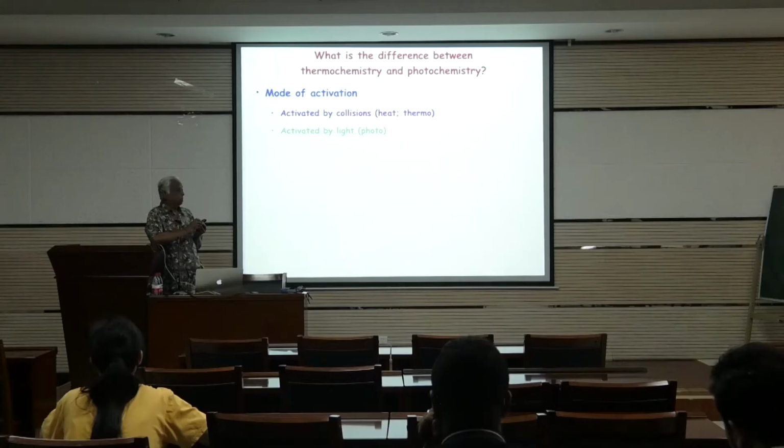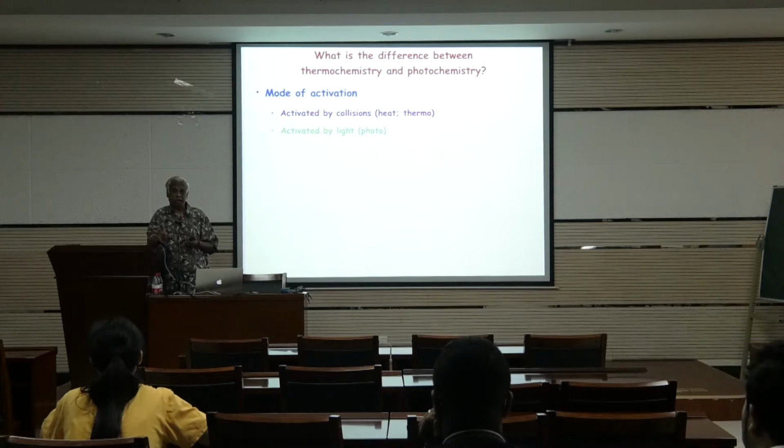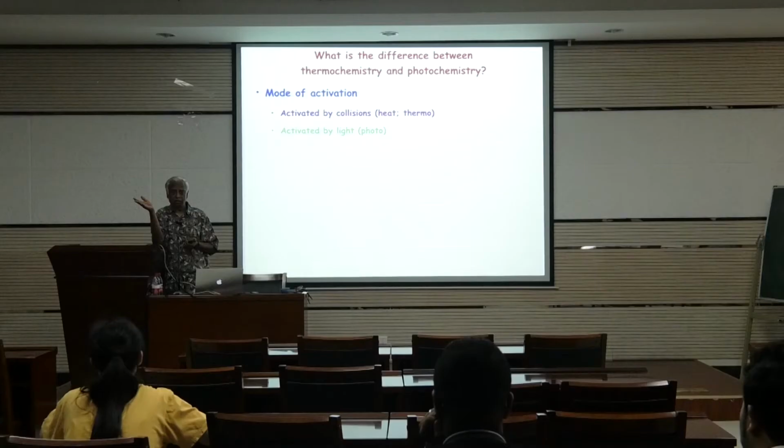That is everyday chemistry. In photochemistry, the molecules are not activated by heat, they are activated by light. The reactions happen at room temperature, but when you shine light on the compound, the molecules get activated, and then you see chemical reactions. That is what is called photochemistry.